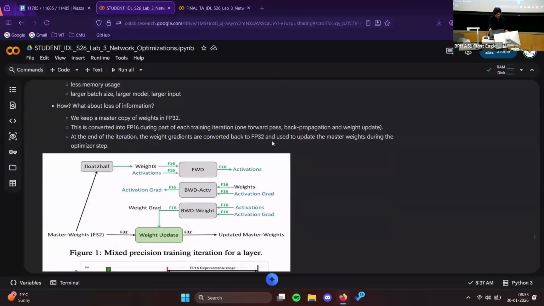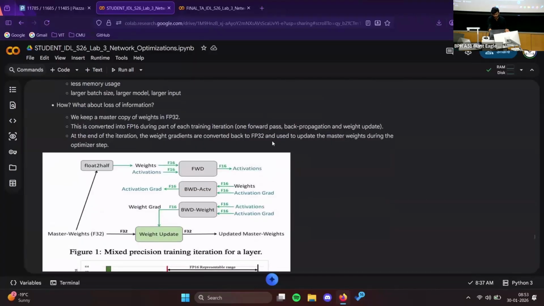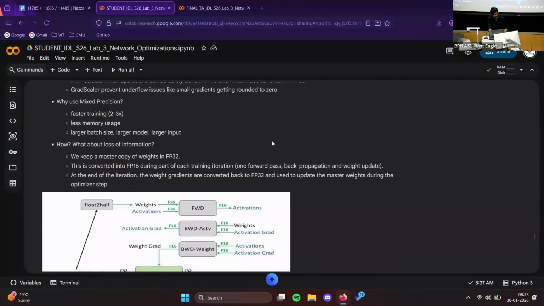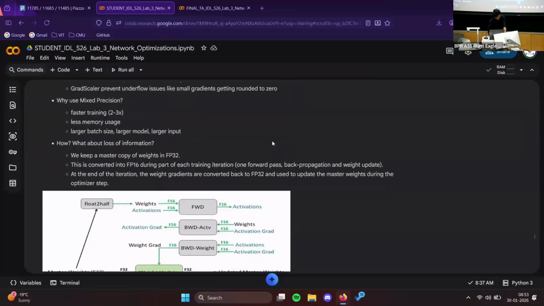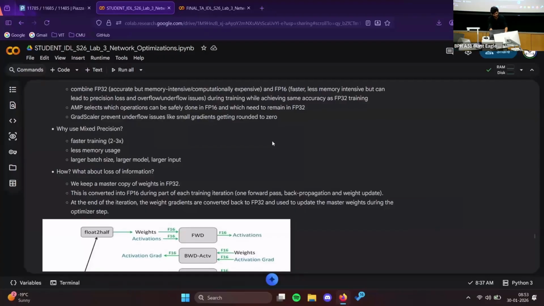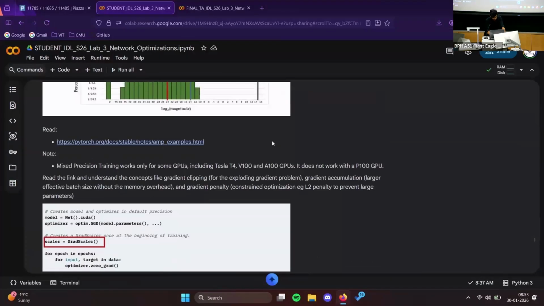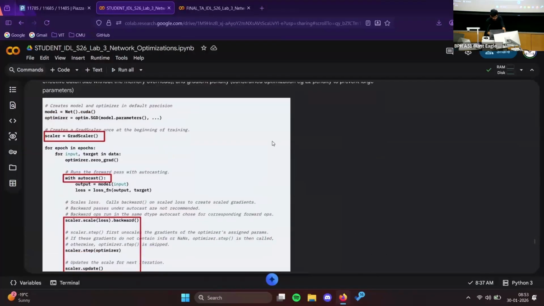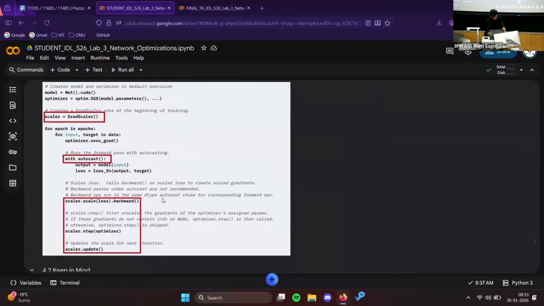And once it's descaled, it will be used by the optimizer to update the weights. This helps us in achieving faster training, and it uses less memory. Since it uses less memory, it also means that we can have a higher batch size.